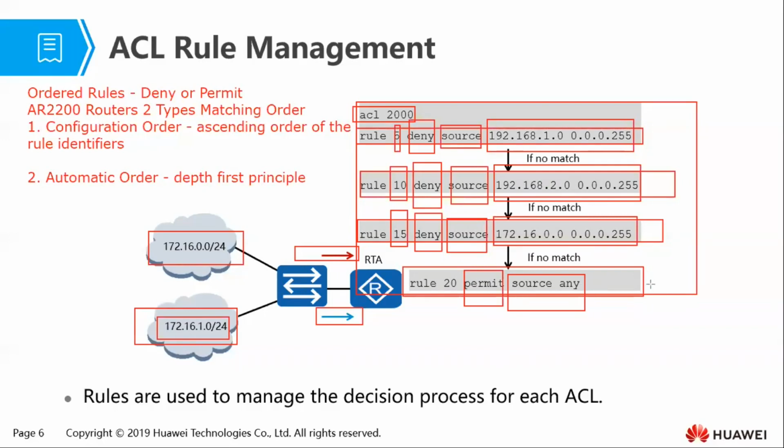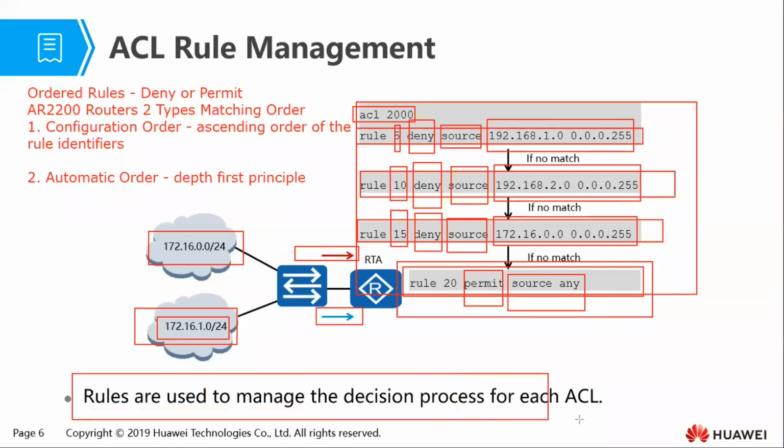This very last rule will allow any other packet that has not matched the other rules to be forwarded by the router. Otherwise, if you lack this clause, permit source any, any packet that does not find a match in the ACL will simply be discarded. So in summary, rules are used to manage the decision process for each access control list.